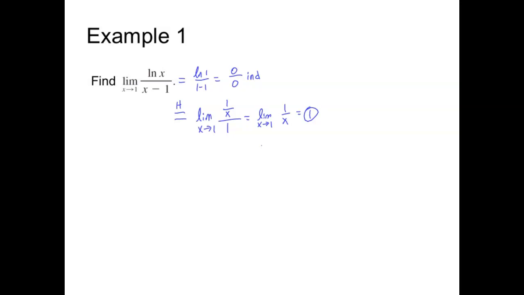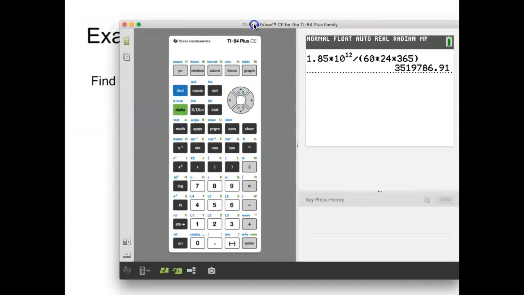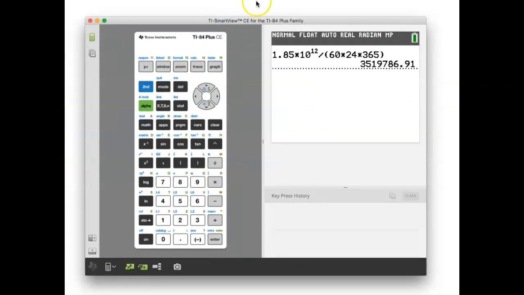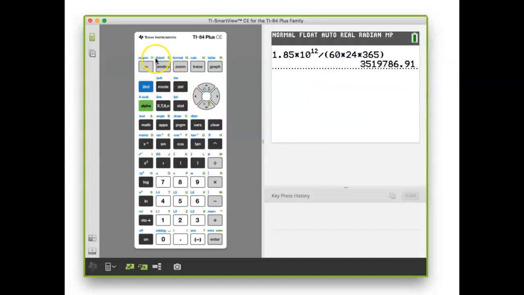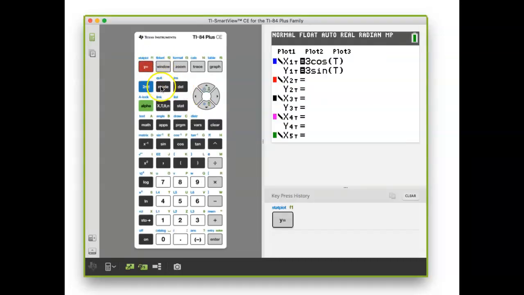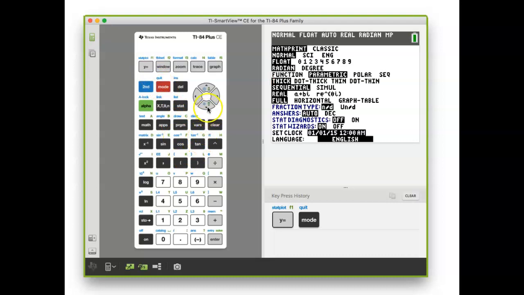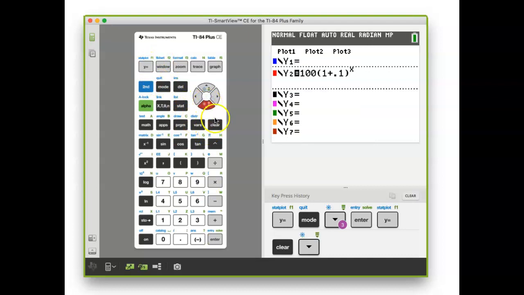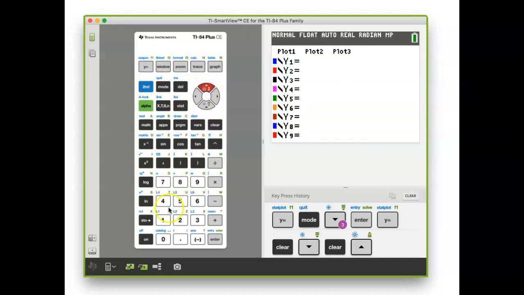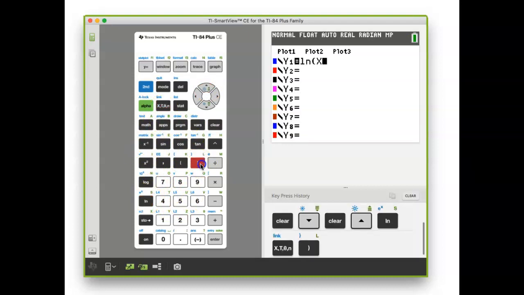Here we go. So we could have evaluated it numerically. So I would have gone natural log x divided by x minus 1.